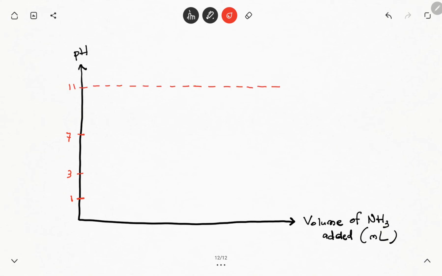Draw the dotted line for the final pH so that your titration curve will not touch the final pH. And then put the volume at equivalence. Sorry, the volume at equivalence is 12.5 milliliter.